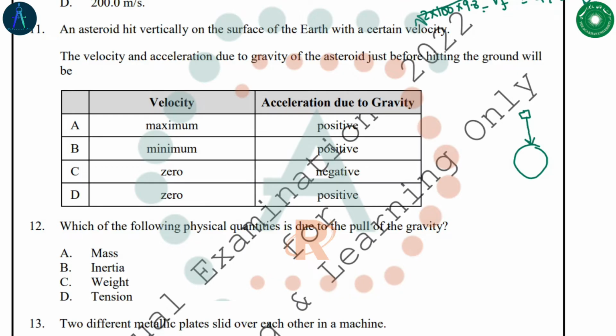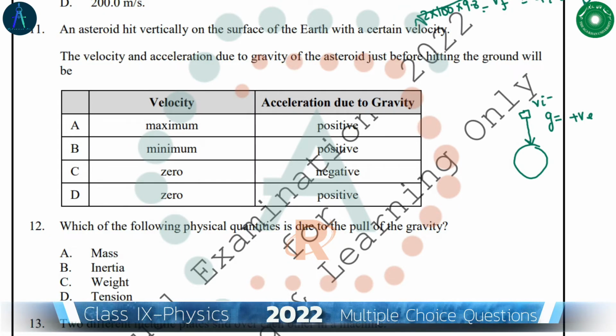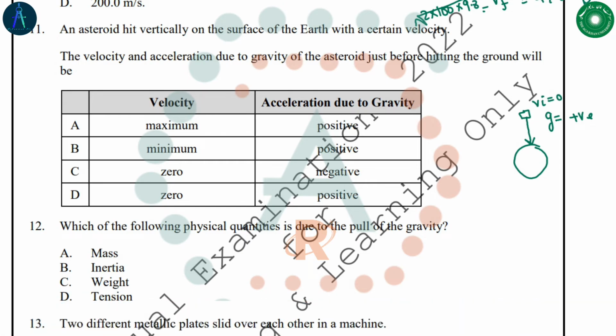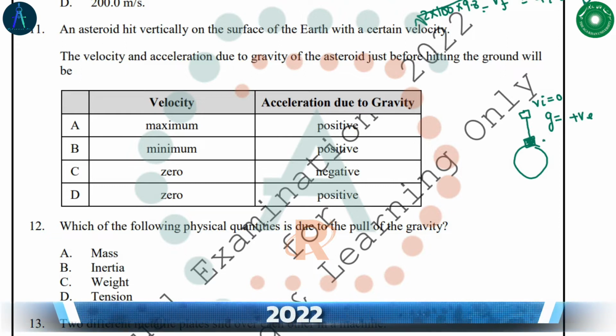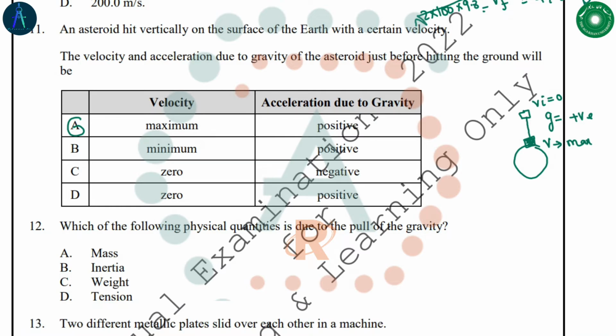As this object is moving downward, the value of acceleration due to gravity is taken as positive. Whenever the object is falling, its initial velocity is zero, and as it reaches the ground, its velocity increases gradually. So when this object reaches the surface of the ground, its velocity becomes maximum. So the correct answer of question number 11 is option A.